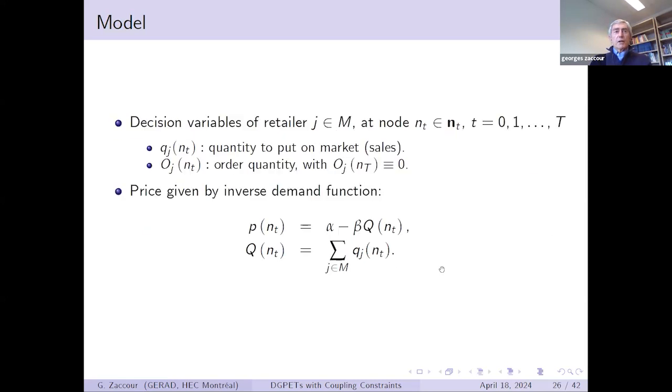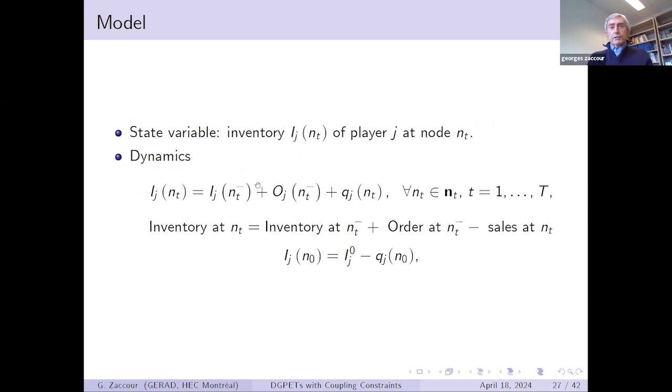The state variable here is the inventory that is available to player J at node NT, and the state dynamics are as follows.